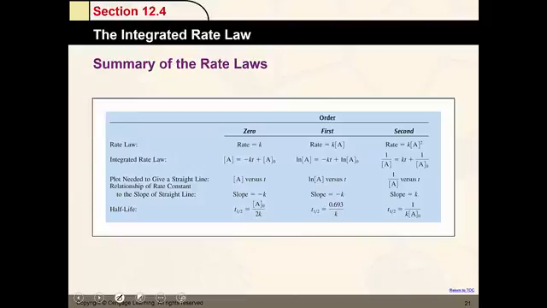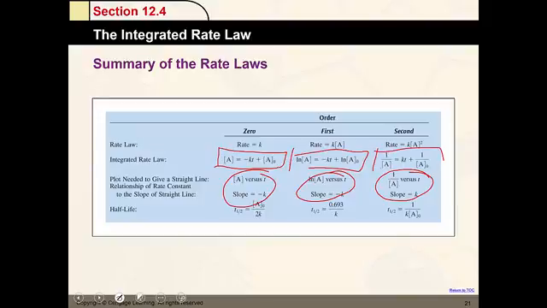Okay, so when given a set of values, you should be able to identify what order it is. You should be able to graph that, and determine if it's zero, first, or second order. But for all of these, you'll be given these integrated rate laws as well as the half-lives for any quiz or test, so you do not have to memorize those equations.